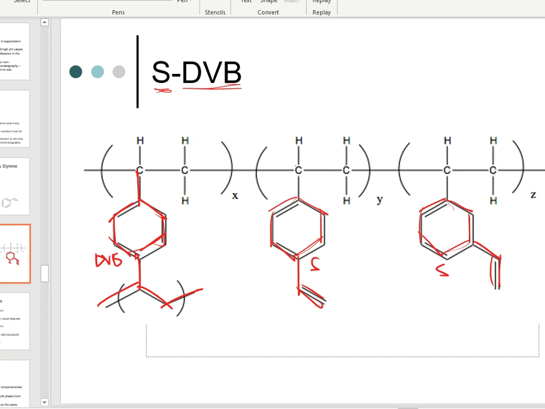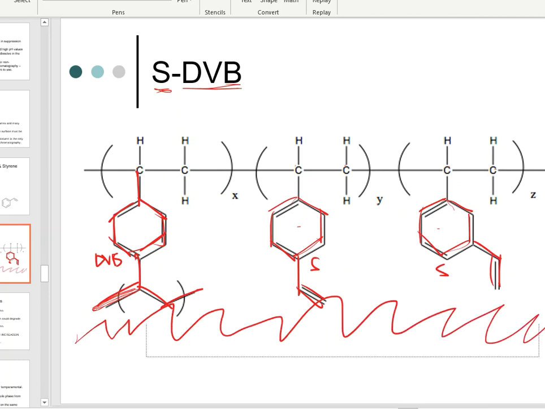So the S in the DVB, this is an S structure, this is an S structure. This structure could have been a carbon that was double bonded to another carbon, but maybe that bond was broken, and that's going to allow the polymer to continue on this side to make another railroad track, so that way the process is going to happen as far as building a polymer up.